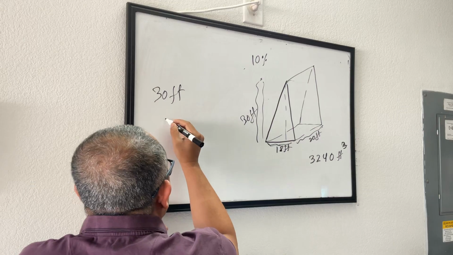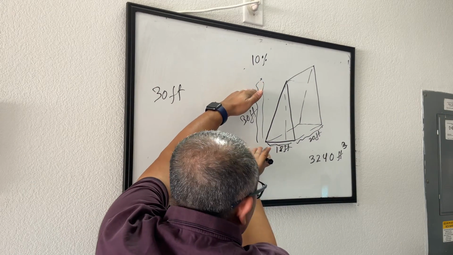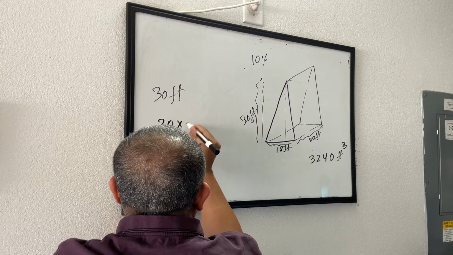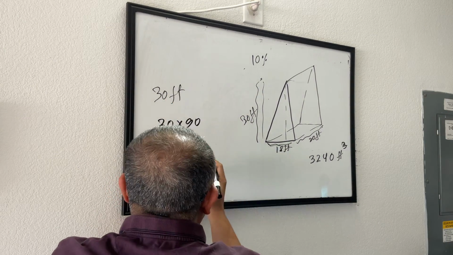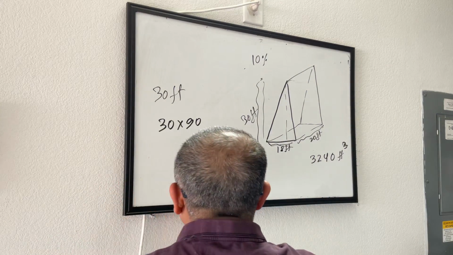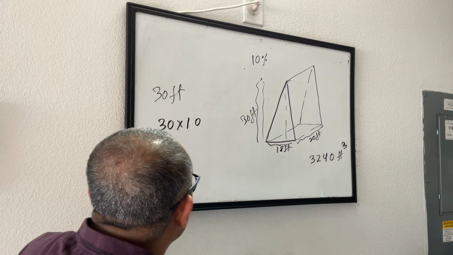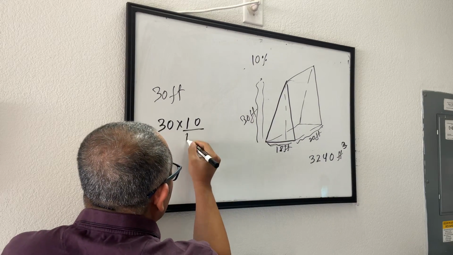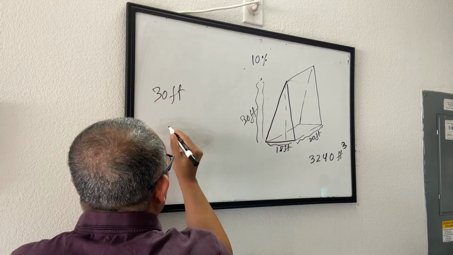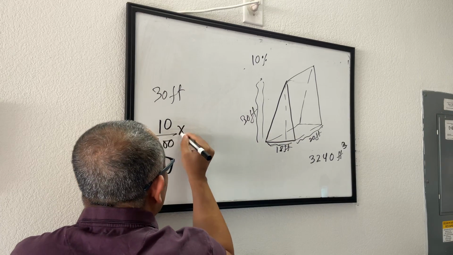So, this is too tall, reduce by 10%, means it should be 90% of the current height. So, 90% of 30 feet, or reduce 10%. Rudraj, no sound. Literally no sound. Okay, let's do it simple. 10% of 30.